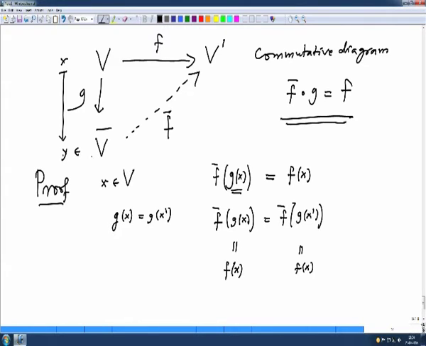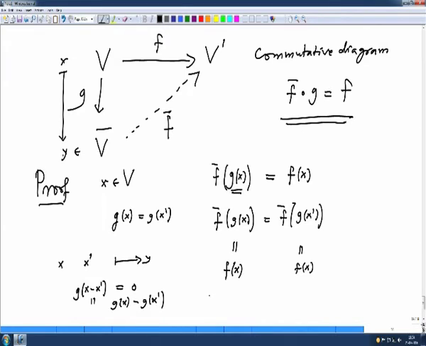Yes, so see, x and x prime go to the same y. So, g of x minus x prime is 0, it goes to 0, because this is gx minus gx prime and both are y.